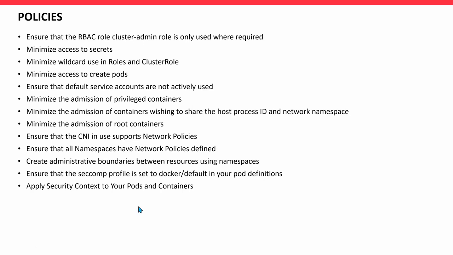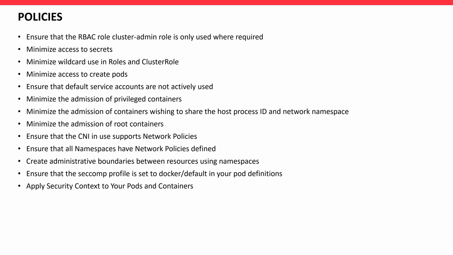Policies. Ensure that the RBAC cluster admin role is only used where required. We have to have the right RBAC policies to allow users to operate the Kubernetes cluster. Minimize access to secrets.